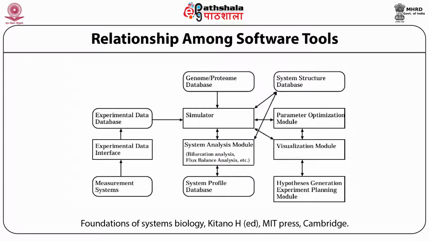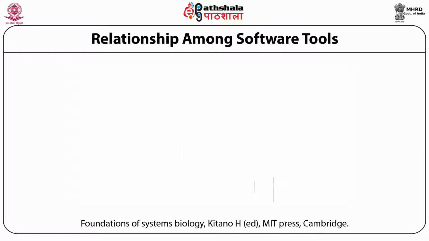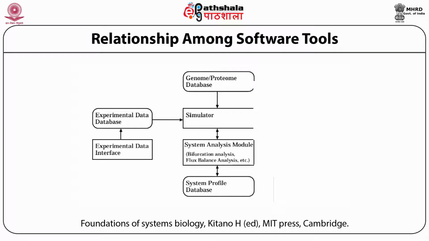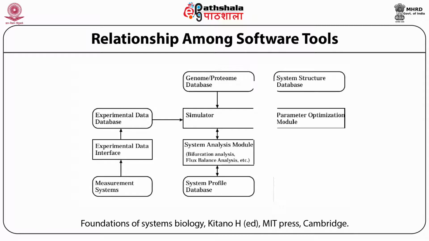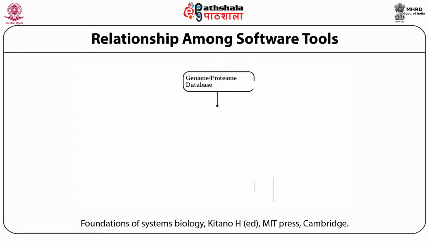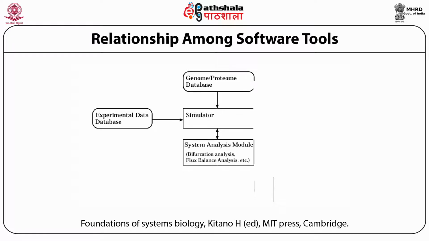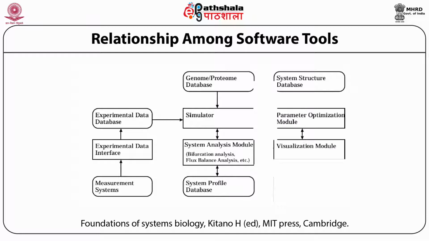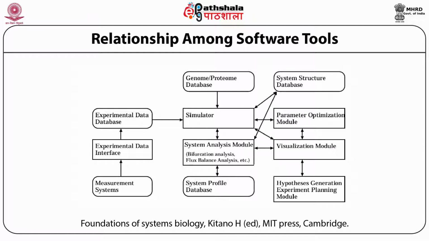To get the experimental data, we need an appropriate interface, and then the experimental data should be present in an appropriate database so that the simulator can seamlessly interact with the database and obtain the data for simulation as and when necessary. Similarly, we can have a genome proteome database for which we have to associate the experimental values, which interacts with the system software database and parameter optimization module. Everything has to interact with the visualization module.